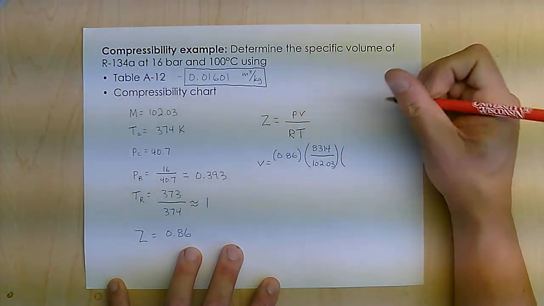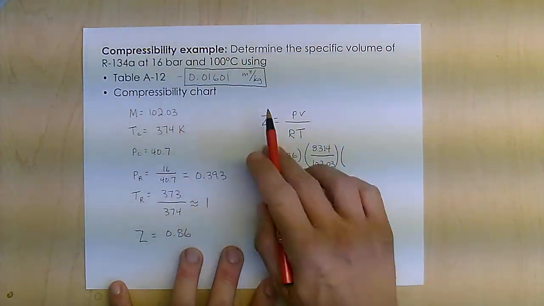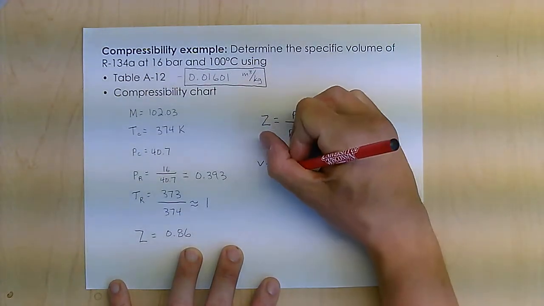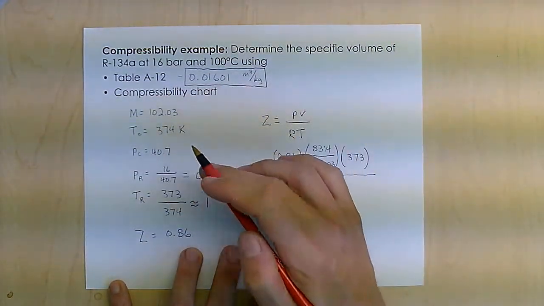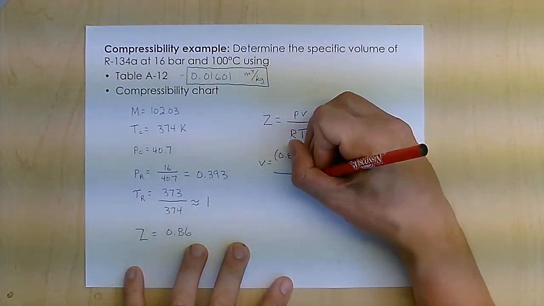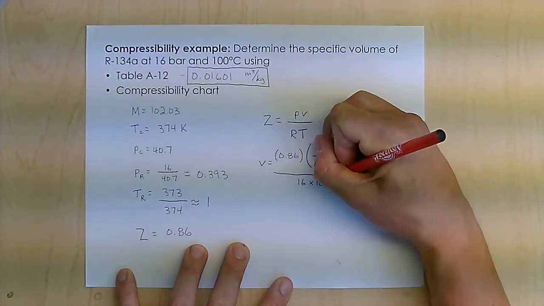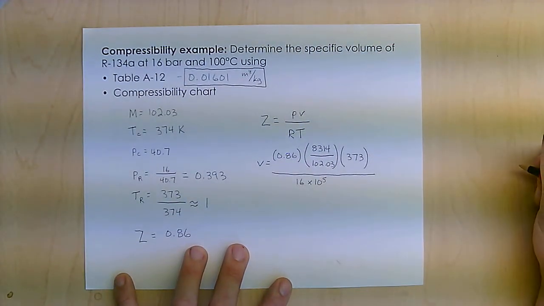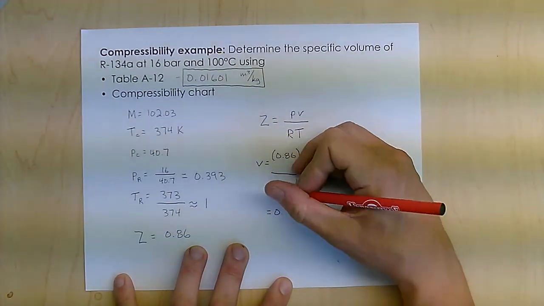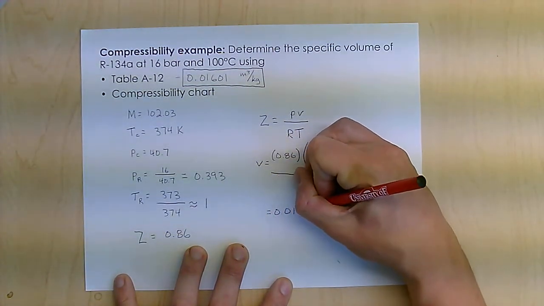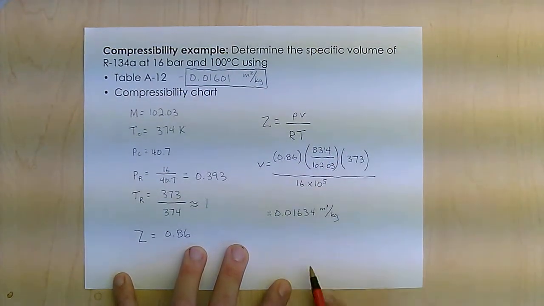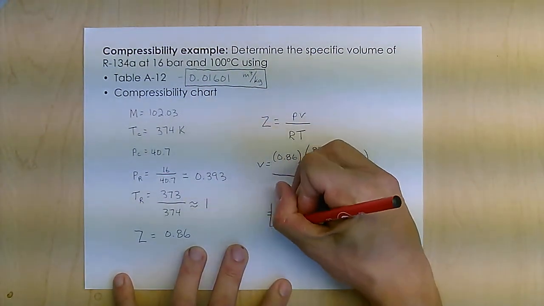Then I take that times my temperature, which is 373 Kelvin, and then I divide that by my pressure, which is 16 times 10 to the 5th. So calculating that for V, I get 0.01634. Now that's very close to the value up here.